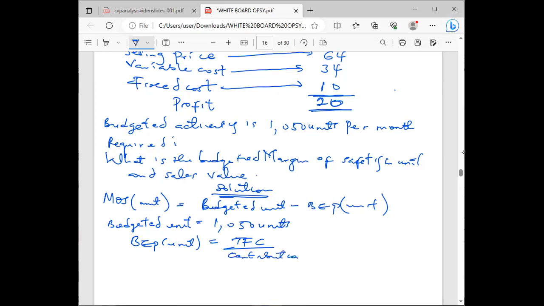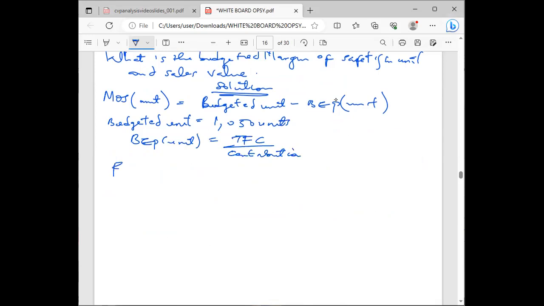Recall that in the question, what you are given is fixed cost per unit of 10 naira. Our total fixed cost will be 10 naira multiplied by 1,050 units. This will give us 10.5.